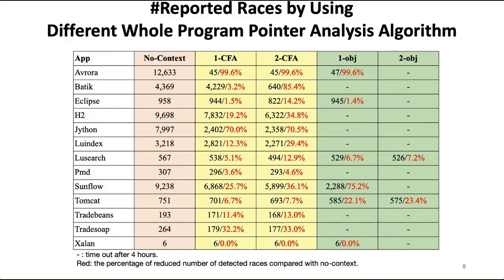As we can see, the context, whether it's k-callsite sensitive k-CFA, which uses the most recent k call sites as context, or k-object sensitive, which uses the most recent k receiver objects as context, can significantly improve the precision of data race detection.